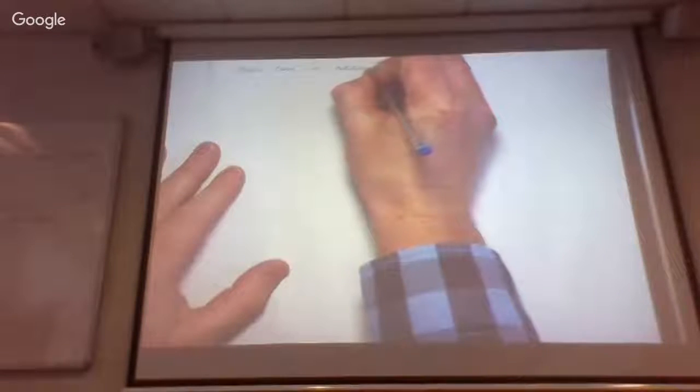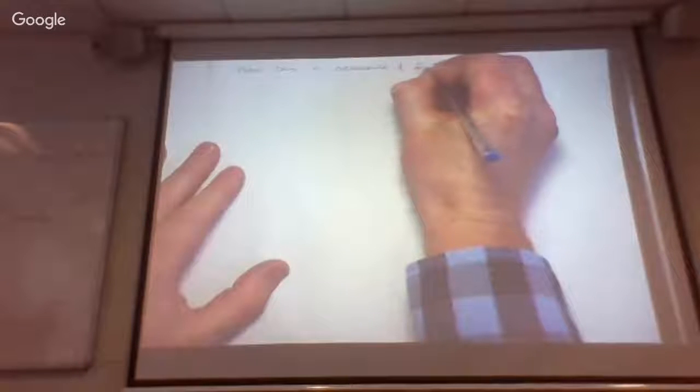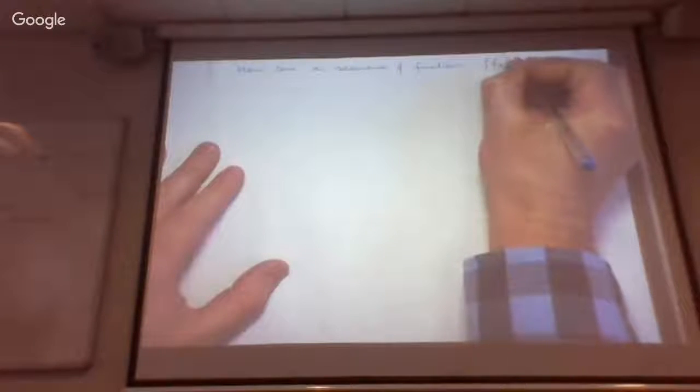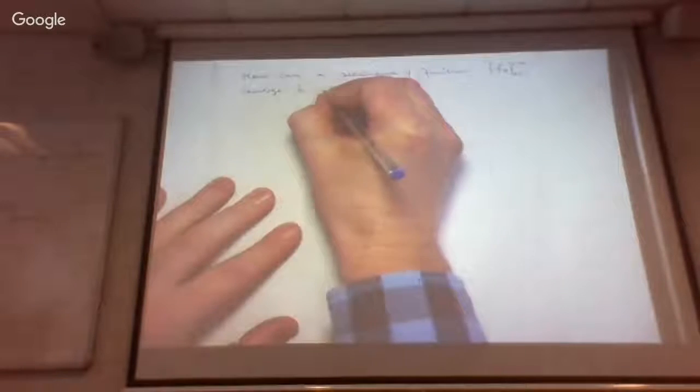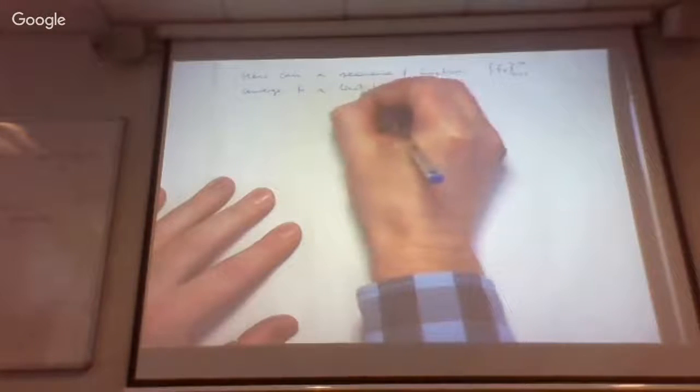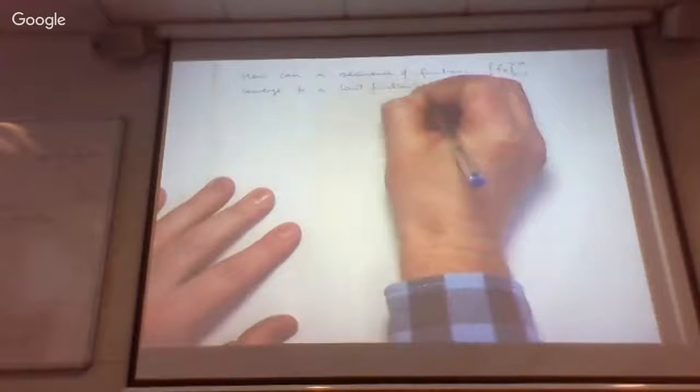So how can a sequence of functions Fn, n equals 1 to infinity, so you've got a function f1, a function f2, a function f3, converge to a limit function f? Well, there's at least two ways in which that might happen.